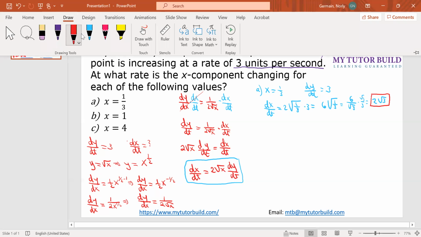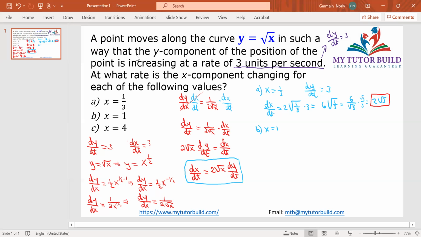We can answer the second question, b, where x equals 1 and dy/dt is still the same, 3. dx/dt would be 2 square root of 1 times 3. That gives us 6. It's really a beautiful 6.